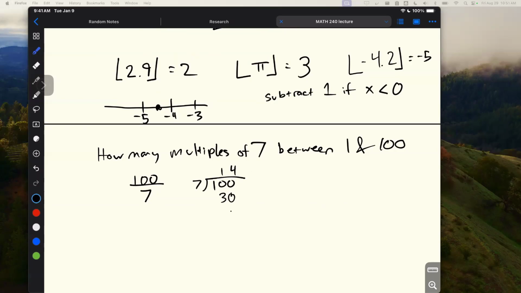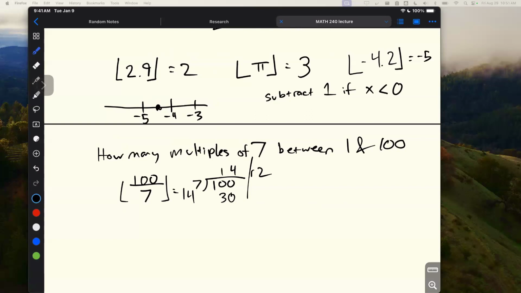So that's 28, right? Remainder 2. And so that's 14 point something. And so if we cut off, then the floor of that is going to be 14. So that gives us our answer.